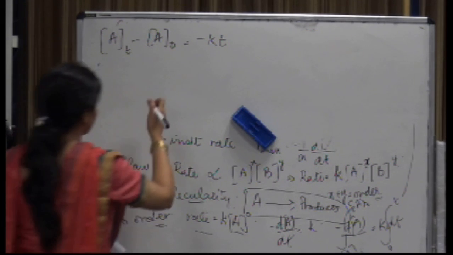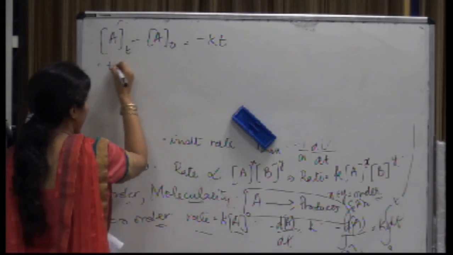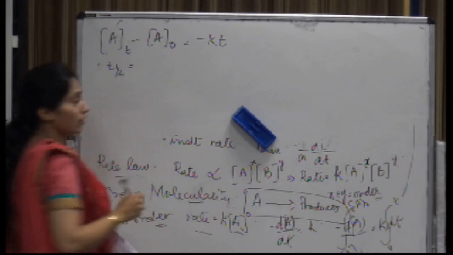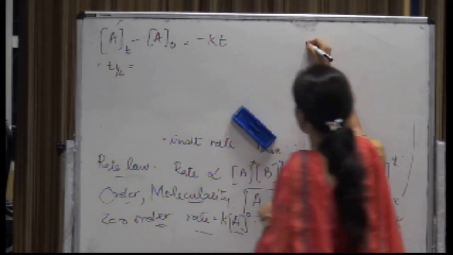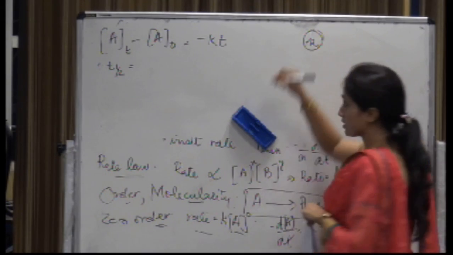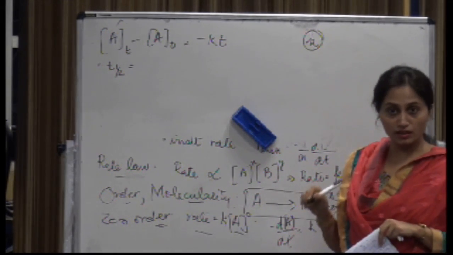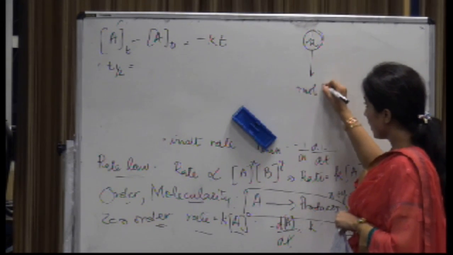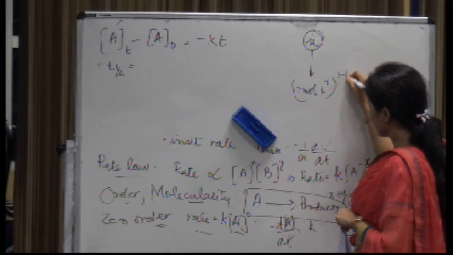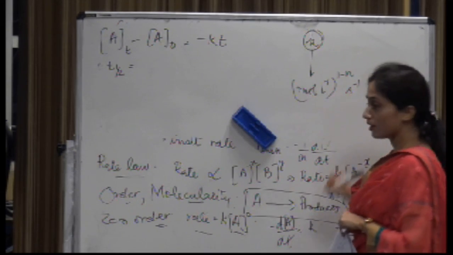Now here there is another concept of half-life time. One thing is, the questions which are normally asked for the entrance examinations are, what are the units of the rate constant? Now here the units of the rate constant will be, there is a general expression that you must have done, that is mole per liter to the power 1 minus n, second inverse.